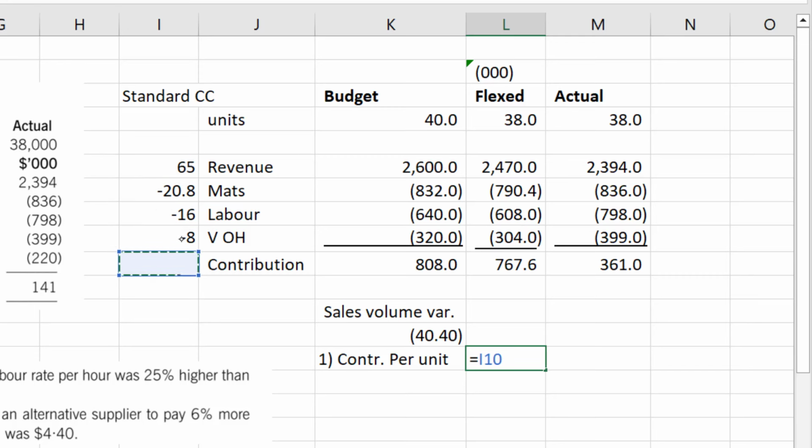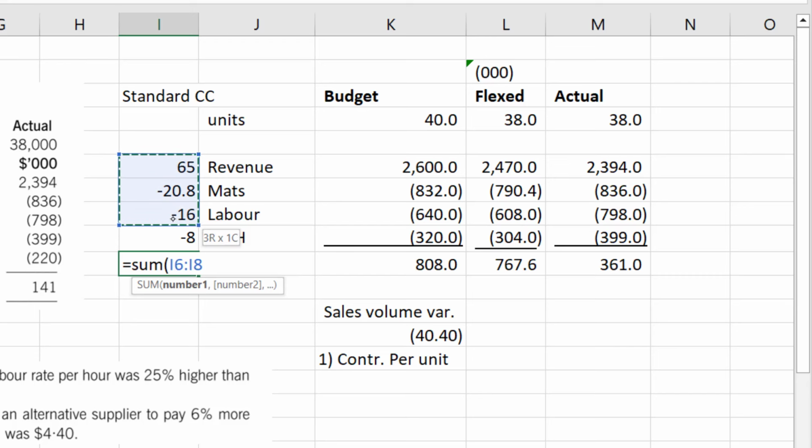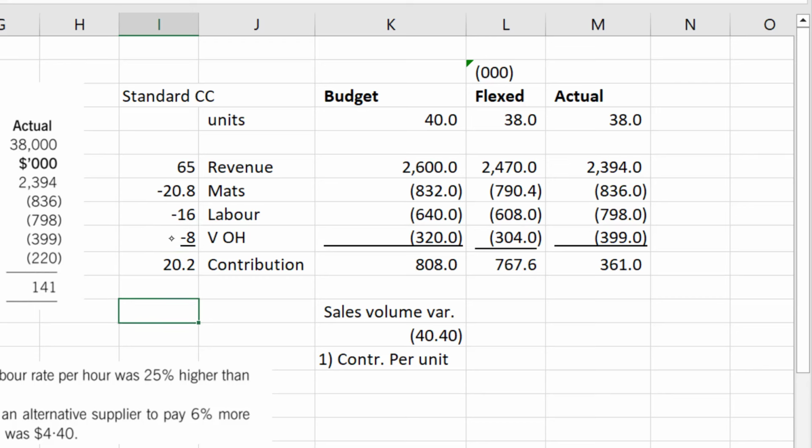So if I do an underline there, so if I get the net of that equals the sum, that's going to be the contribution per unit, 20.2. Okay, so the contribution per unit is 20.2.